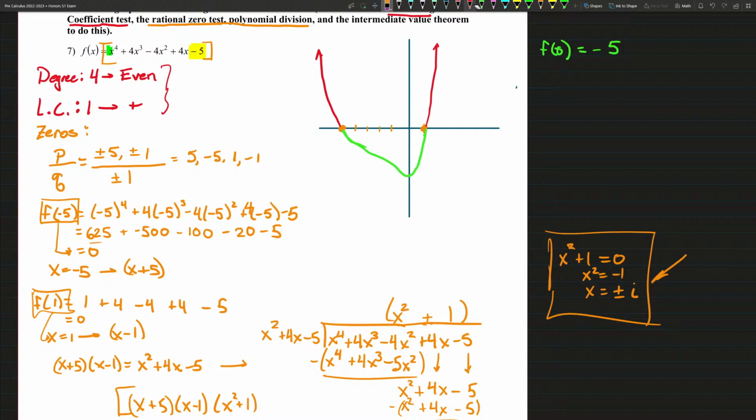And again, this is probably the longest problem on here. The reason it's the longest is because I'm asking you to use that rational zero test in polynomial division just to check if there's other real zeros.